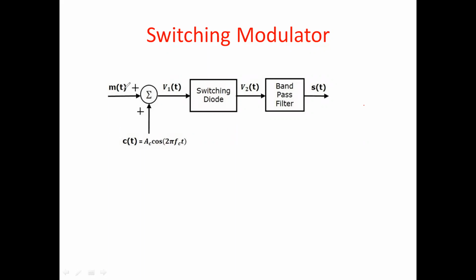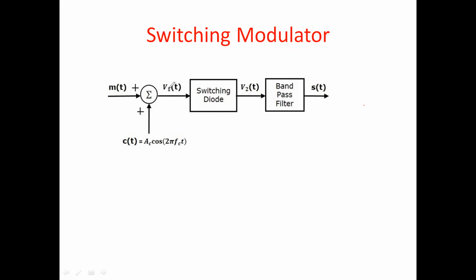So you can see the message signal is added with the carrier signal and the resultant signal is given to a switching diode. The switching diode performs the switching operation and the resultant output is given to a bandpass filter where the unwanted frequencies are removed and S of t consists of only the amplitude modulated wave with the desired frequency.